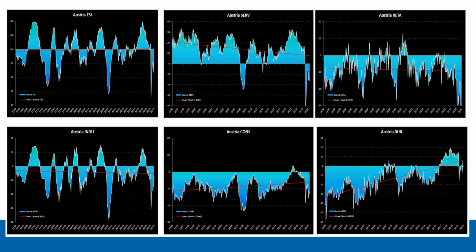The way you should look at all of these, even the small economies, is just eyeball them. So when you're in the downloads area and you download the spreadsheet and you're updating it every month, you'll update these charts.